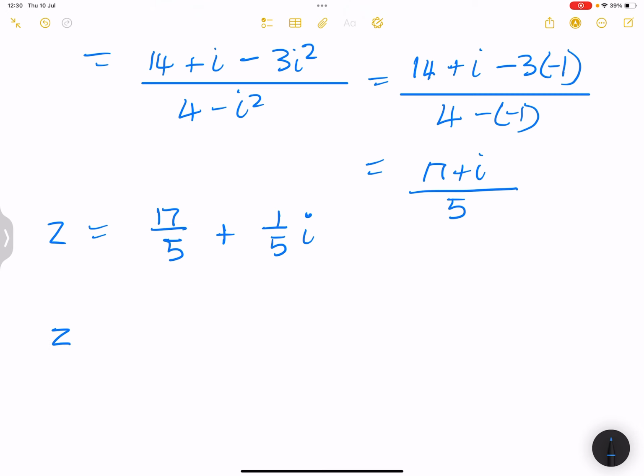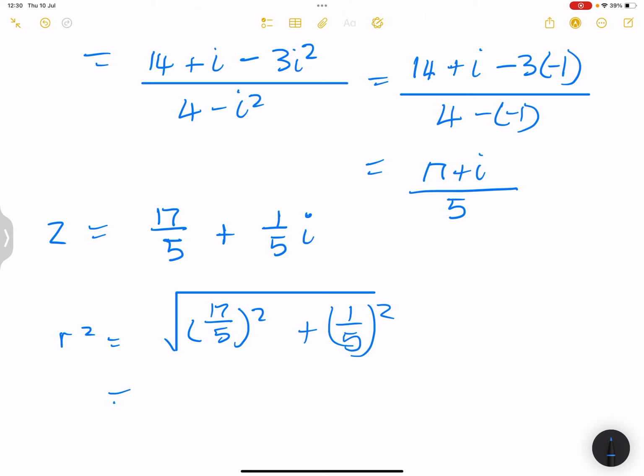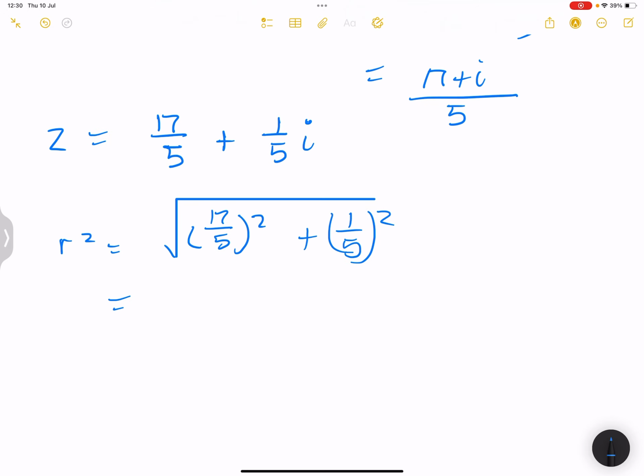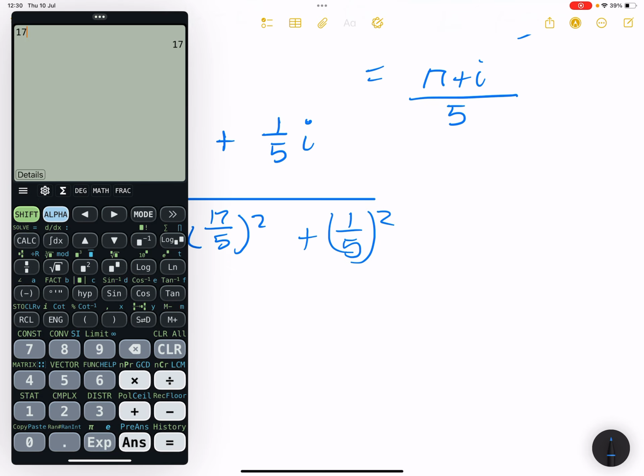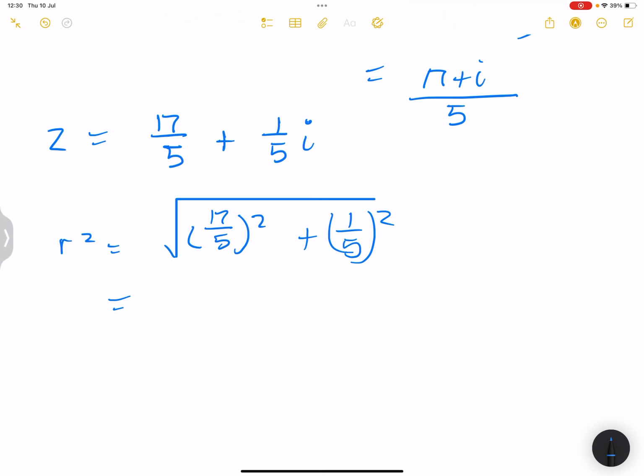Now you can calculate what your modulus is. We're getting our r, that's going to be the square root of x squared plus y squared, that's 17 over 5 all squared plus 1 over 5 squared. 17 squared gives us 289, so we've got 289 over 25, plus 1 over 25.